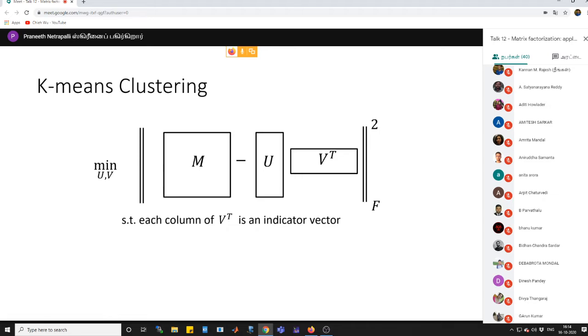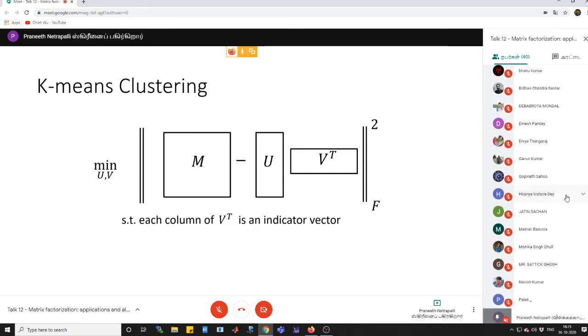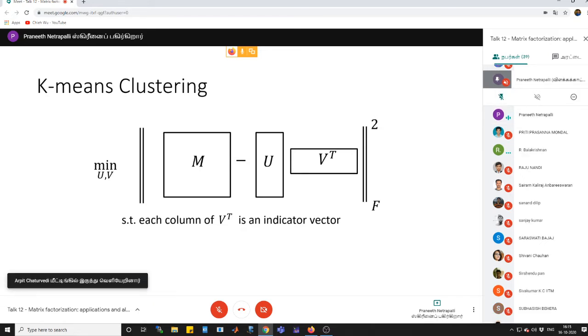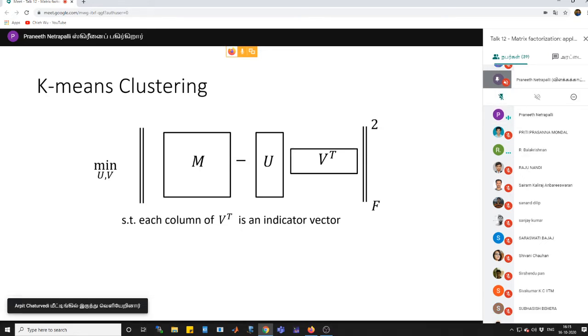Okay. Any question till this point about the motivation for why we are looking at matrix decomposition? Yeah. There may be several products UV transpose. Which one will you choose as a better one? So usually when you write this as an optimization problem, you will choose whichever gives you the best objective value. And if there are multiple points that give you the same objective value, you usually cannot distinguish them.